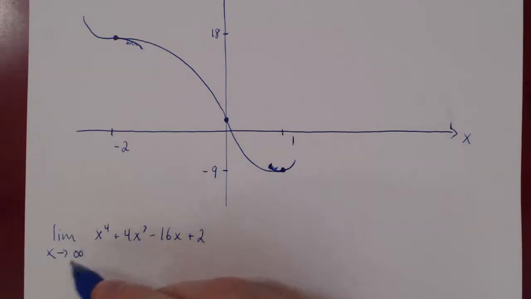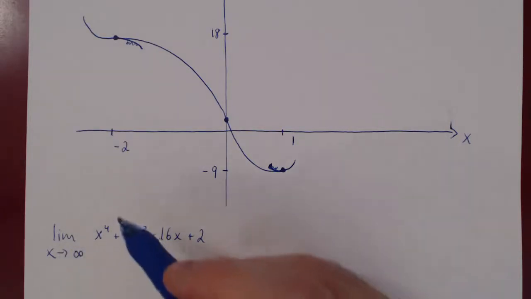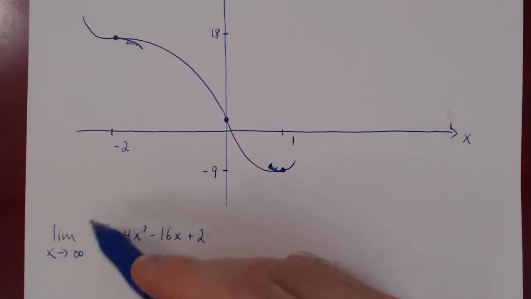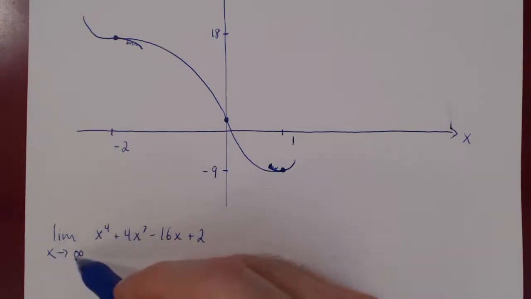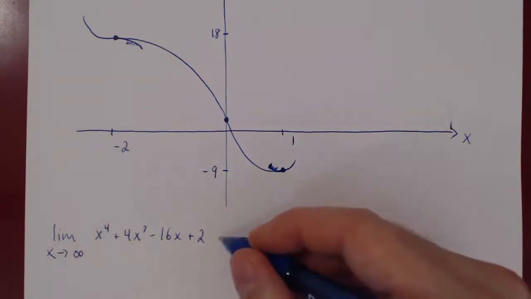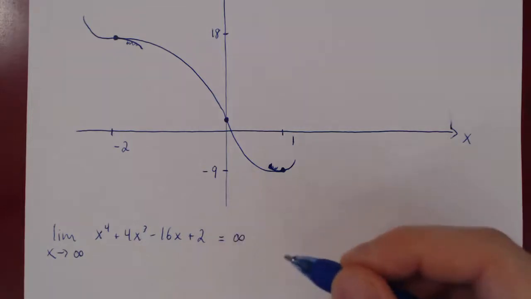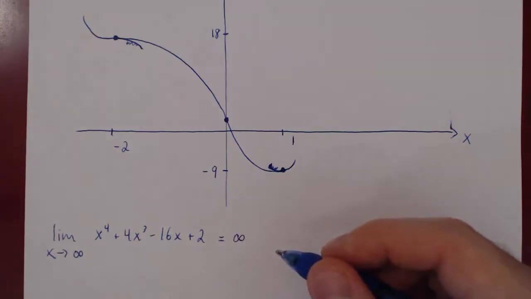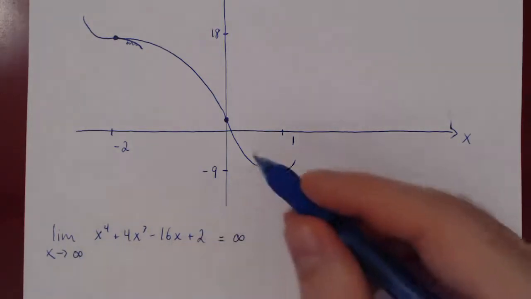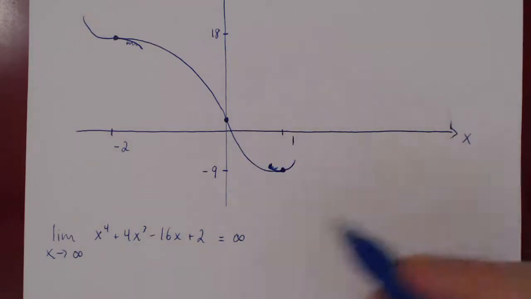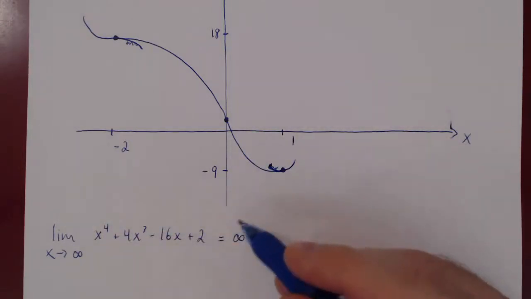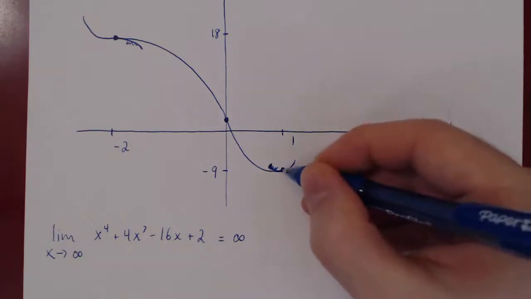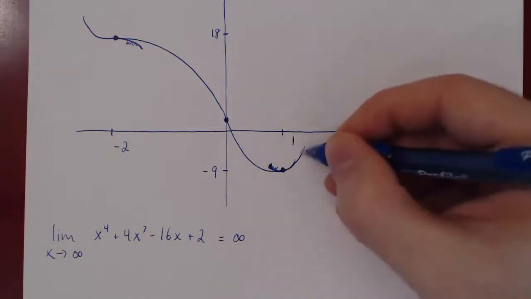We know that when x is very large, the only term that matters is the largest power of x, which is x to the 4. As x goes to infinity, x to the 4 goes to infinity, so the function blows up. So we do not have a right horizontal asymptote. As x goes to positive infinity, y will also go to positive infinity. So it will keep increasing and being concave up forever.